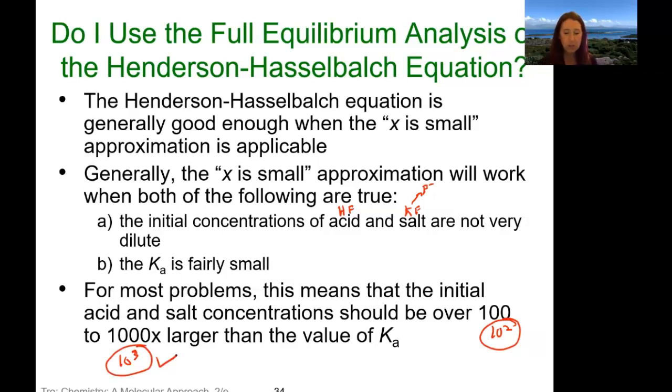So the original concentration should be about 10 to the 3 difference of the Ka. And again, if it is this different, these two are true. Usually, right? There are exceptions, and that's why we always check and see using the math piece of it. And so I always say if 10 to the 3, we're safe at 10 to the 3. 10 to the 2, could go either way.